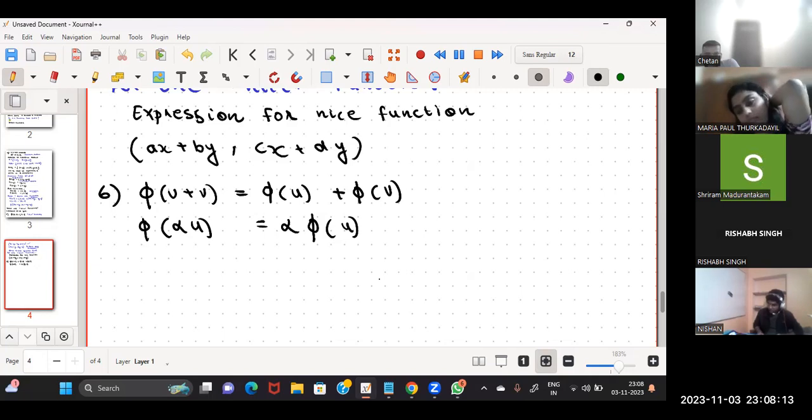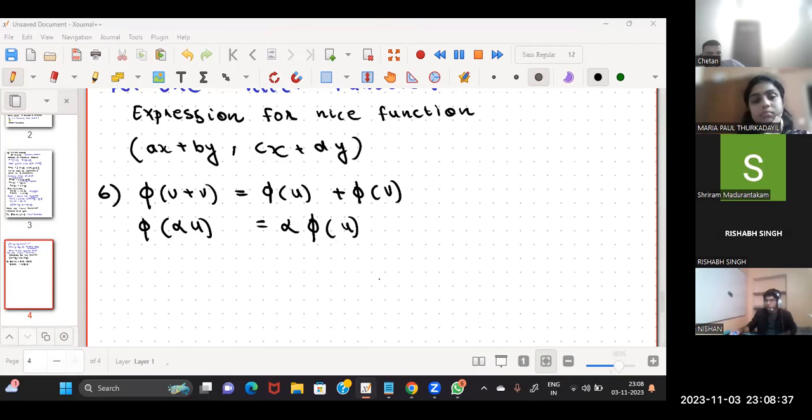These are the axioms of linear transformation. So it's scalarity and additivity. We are adding two vectors with each other, and we are scaling one vector. Himanshu says linear transformation.